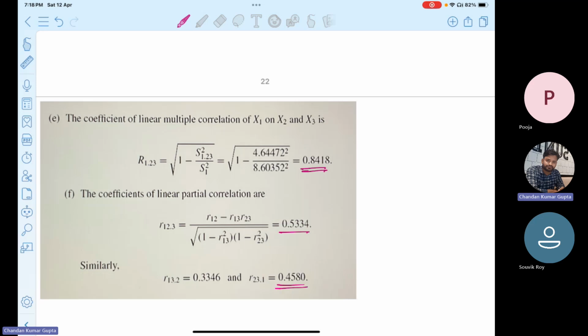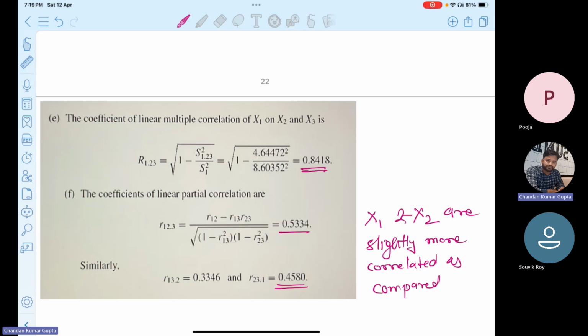So that means x1 and x2 are slightly more correlated as compared to x1 and x3. That's why it is a partial correlation: the correlation between two random variables, keeping the third random variable constant.